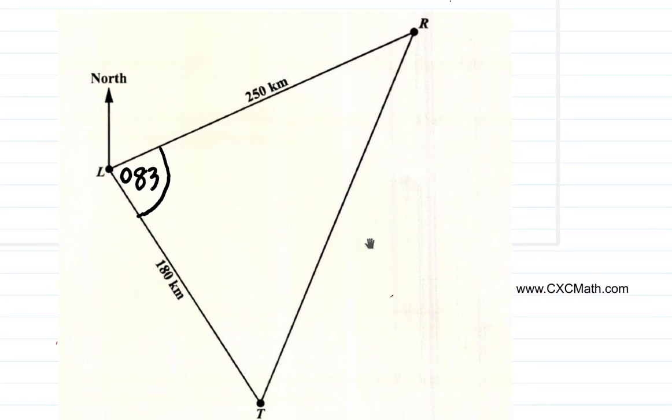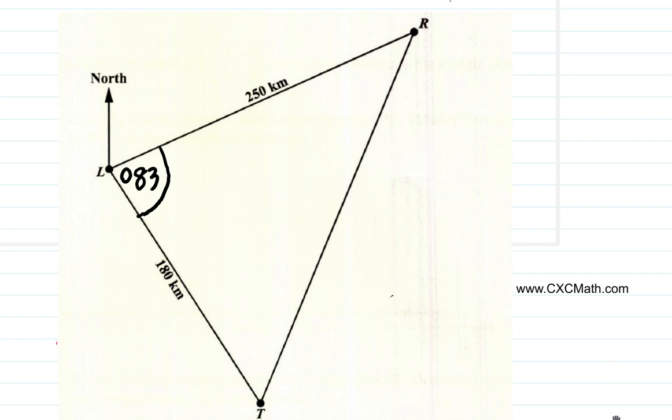Now, first of all, do not assume that this is a right angle triangle. So you cannot use sine equal opposite over hypotenuse, cosine equal adjacent over hypotenuse and tan equal opposite over adjacent. Can't use those. You cannot use Pythagoras theorem. Right? You only use those if you're told it is a right angle triangle, or you calculate and prove that it is a right angle triangle, but don't assume.